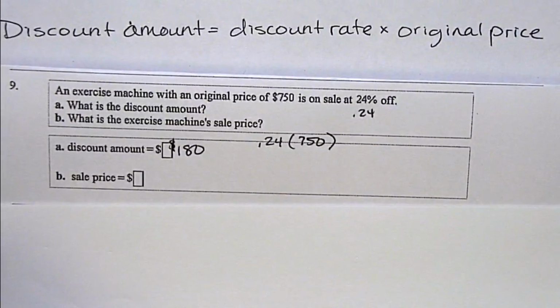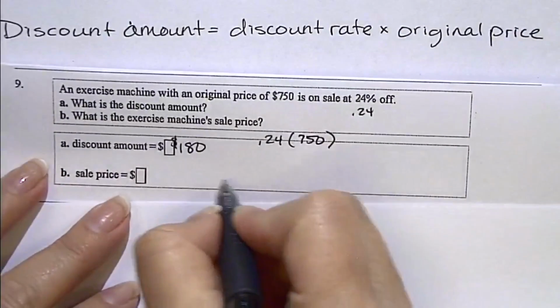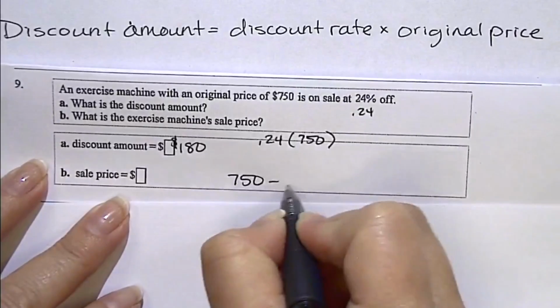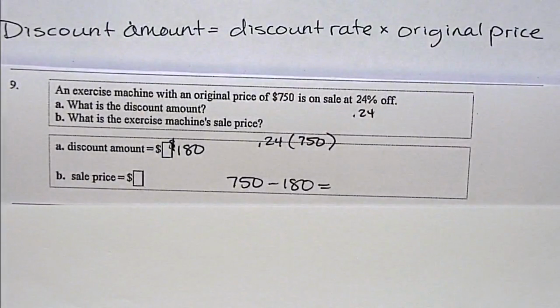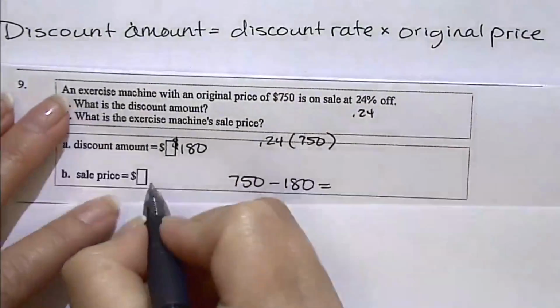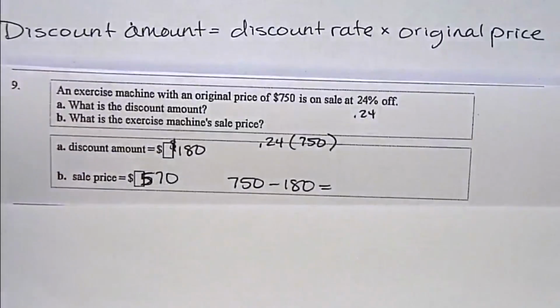So to find what the sale price is going to be, what would you do with the 180? Subtract it from the amount. Good. So 750 minus 180 equals, good, 570. Now this is what I was thinking you were telling me, that a lot of people will use that method to find what the new price would be.